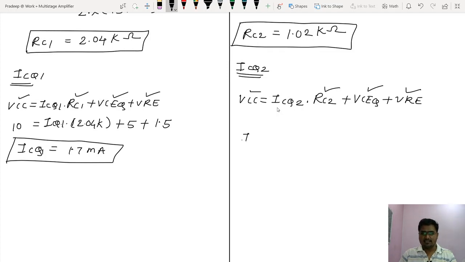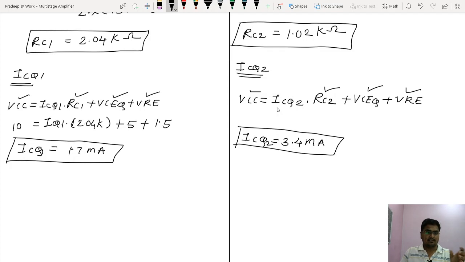So in that case, I will get ICQ2 equal to 3.4 milliamperes. Now again compare these values. ICQ1 is 1.7 and ICQ2 is 3.4 milliamperes. That is, ICQ1 is half of ICQ2.